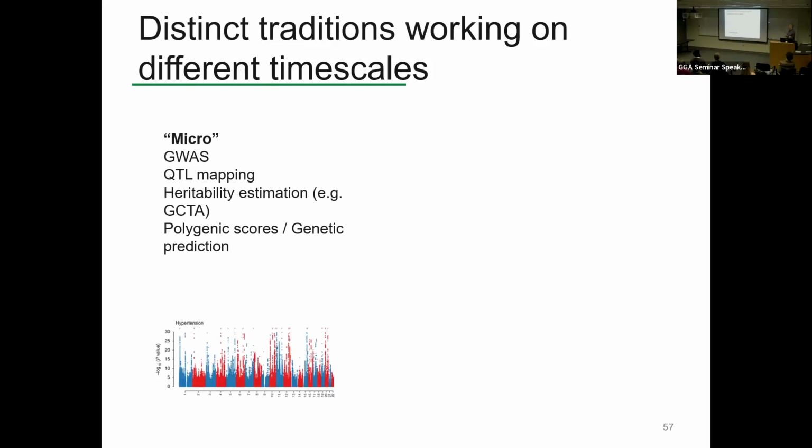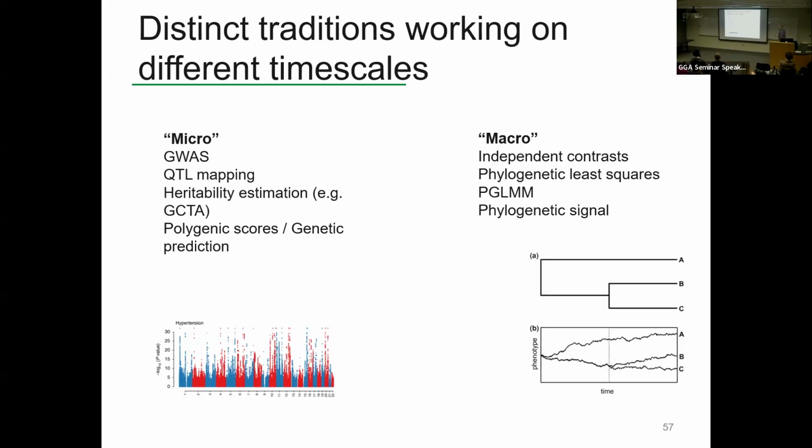You might characterize one as being micro, and you would think of population geneticists and statistical geneticists and breeders as being on this end, where you're interested in variation within populations, and you talk about GWAS or heritability estimation, things like that. And then there's a macro tradition where everything is about how traits change over very long timescales between species, and the language being used is all different. You're talking about phylogenetic mixed models and independent contrasts and things like that.